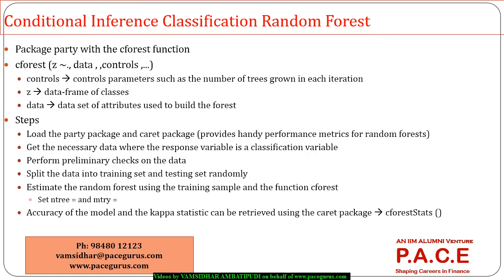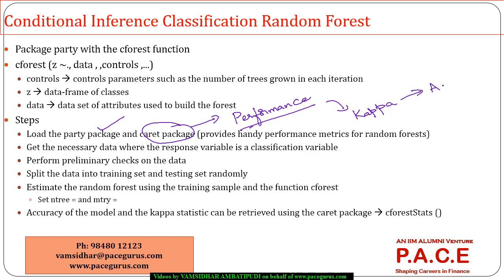I'm loading the party package, which is already done. Okay, towards the end, we will look at the performance. Right, this I could have done even for the earlier version of random forest also. The caret package actually gives me different kinds of performance evaluations, especially the computation of the kappa, which is another sophisticated version of measure of accuracy of the model.